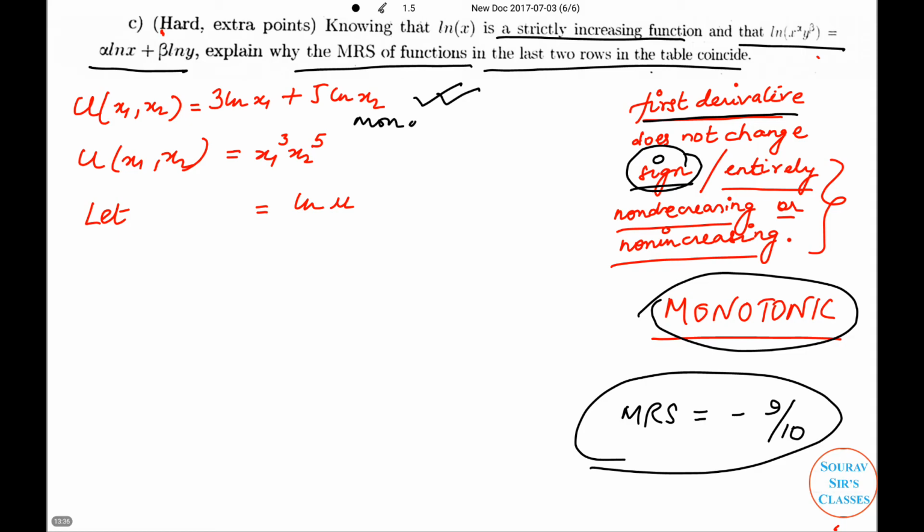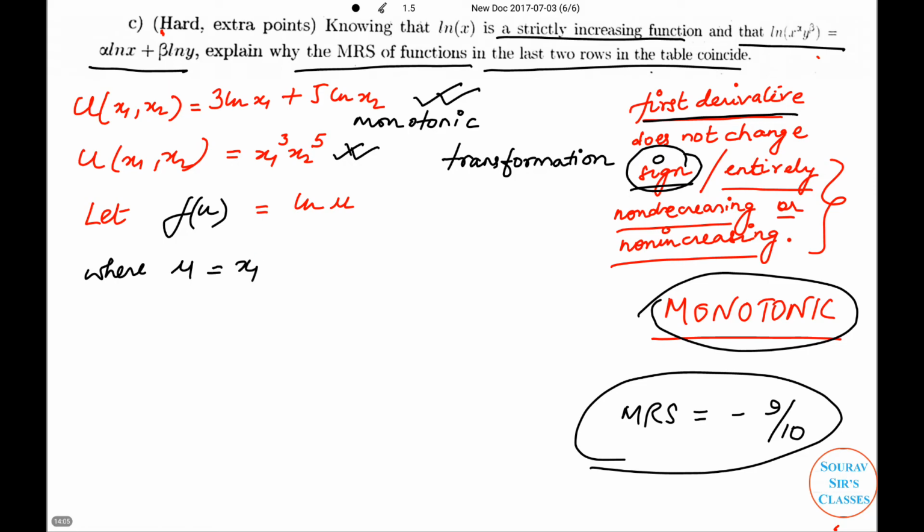That means this particular function is the monotonic transformation of this. So let us see how we can say this. To see this, let f(u) equal log u, where u is equal to this.